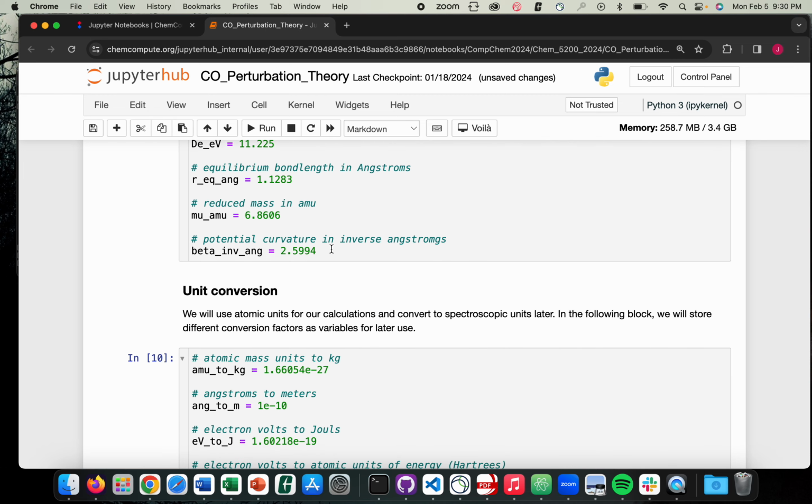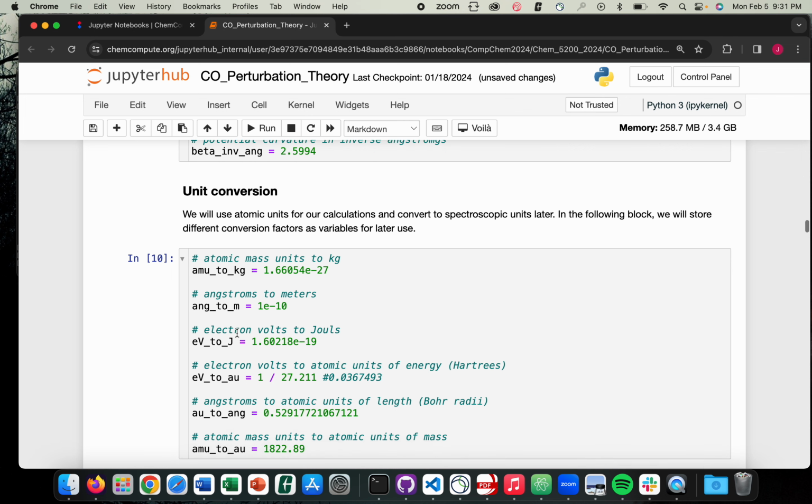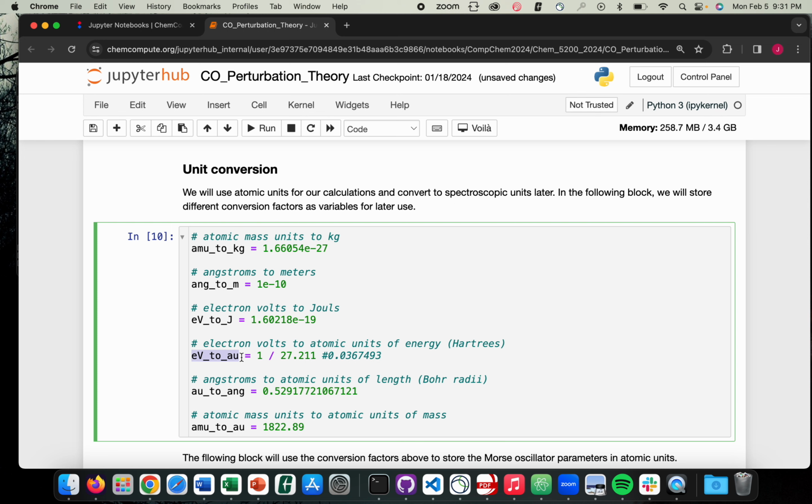Okay. So now I have these parameters set up, and the other thing I'm going to do is actually convert all of these parameters into atomic units. And so I've got my dissociation energy, for example, in eV. I'm going to convert from eV to atomic units of energy, which are sometimes called the Hartree.